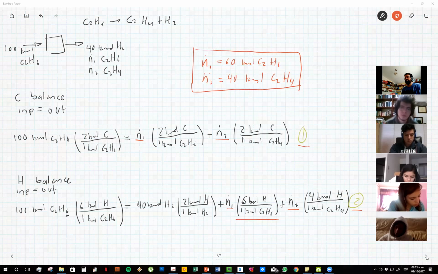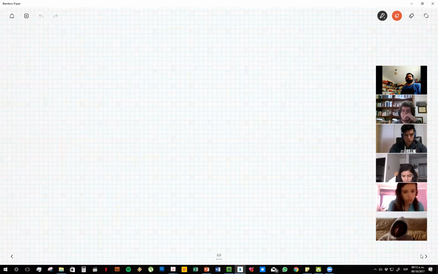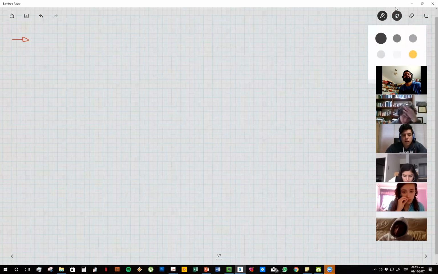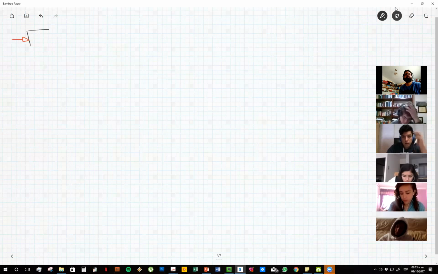You can use this particular method, the extent of the reaction method. Let me check another page while everybody finishes.